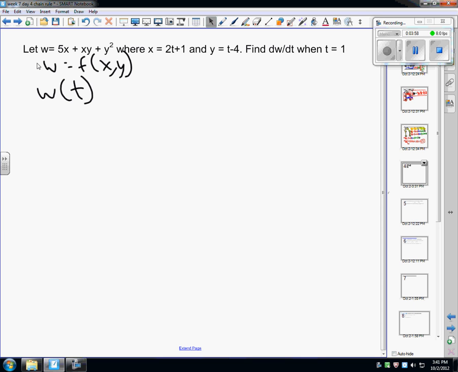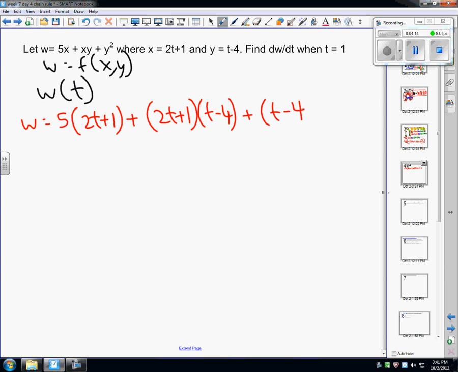So if I did do that, I'll do it in red here, I could say w equals, instead of 5x, 2t plus 1 plus 2t plus 1 times t minus 4 plus t minus 4 squared. Now if you notice, finally I do have w in terms of t.